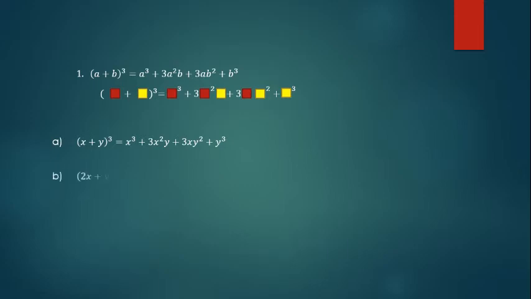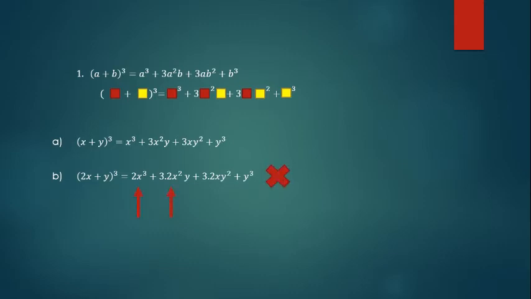If we take 2x instead of x, then many write 2x cube plus 3 into 2x square into y plus 3 into 2x into y square plus y cube. But it's wrong because of these two terms.